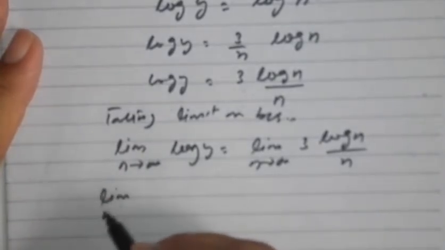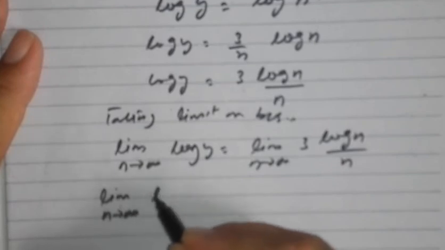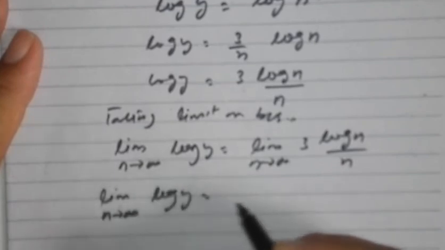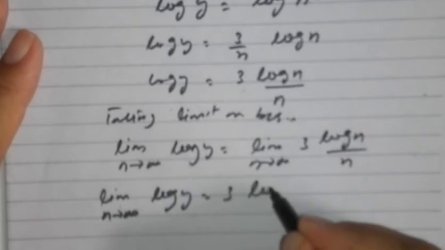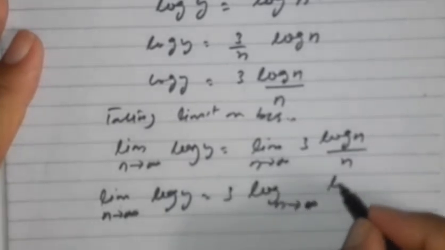Limit n tends to infinity log y equals 3 limit n tends to infinity log n by n.